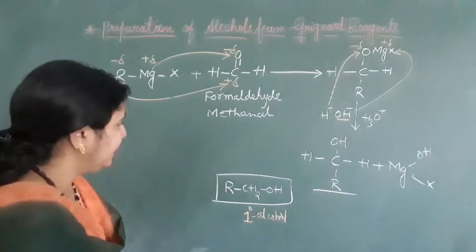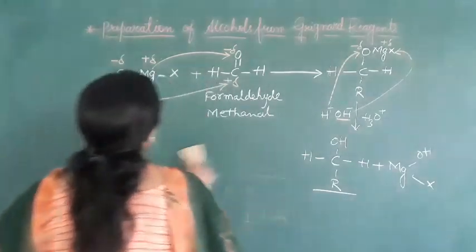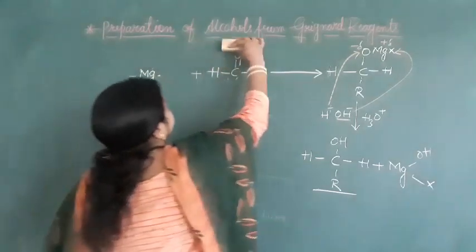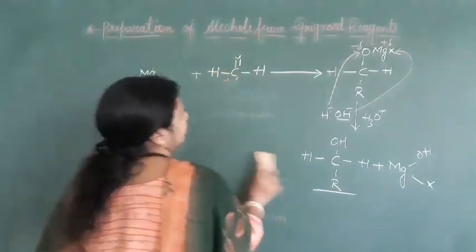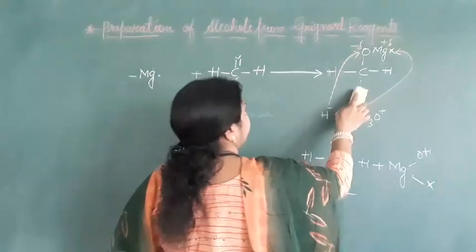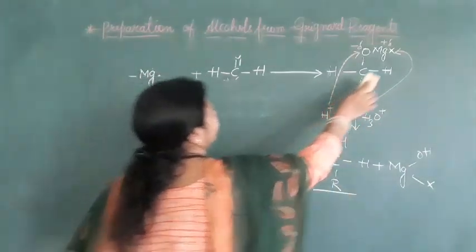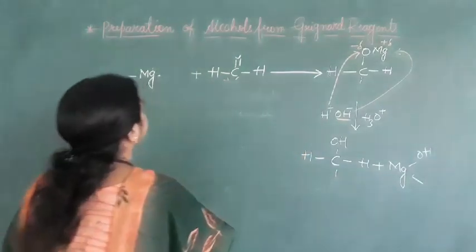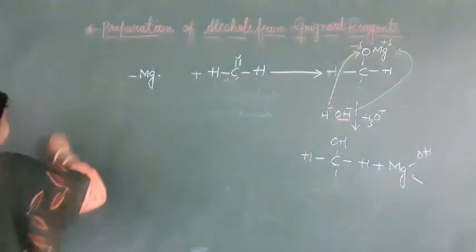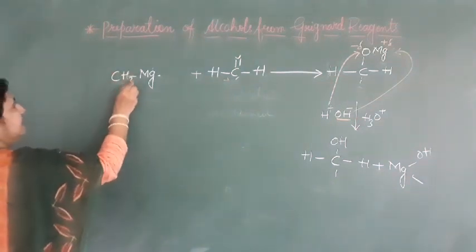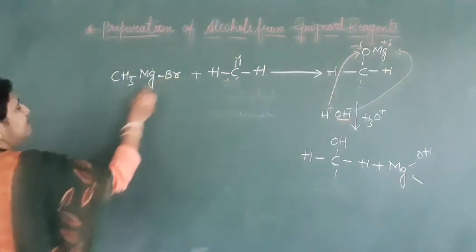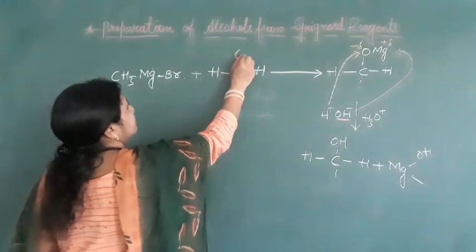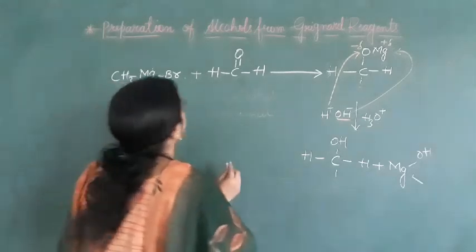Now we will take an example. Instead of this RMgX, we take CH3MgBr, methyl magnesium bromide, and here we have taken formaldehyde, or methanal.